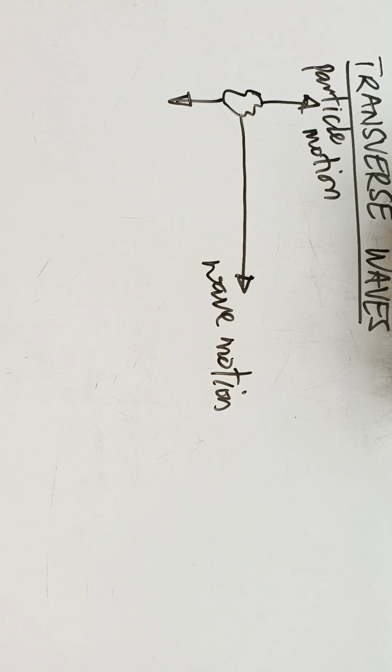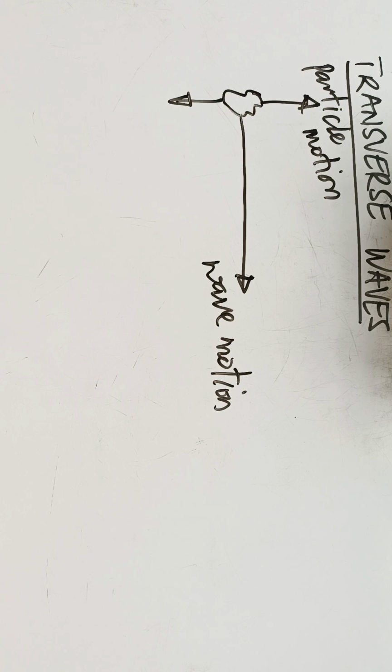Because the motion of the particle involved in the vibration is perpendicular to the direction of the wave motion, we classify this as a transverse wave. There are many examples of transverse waves that we'll be looking at: waves in a slinky spring displaced up or down, and water waves.